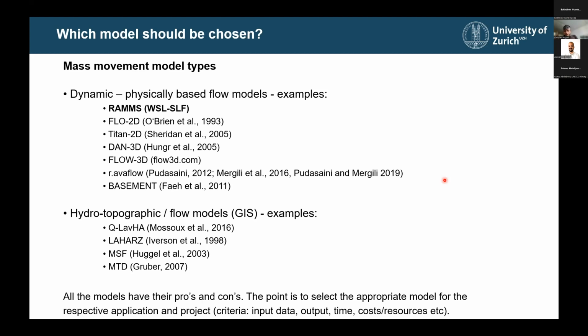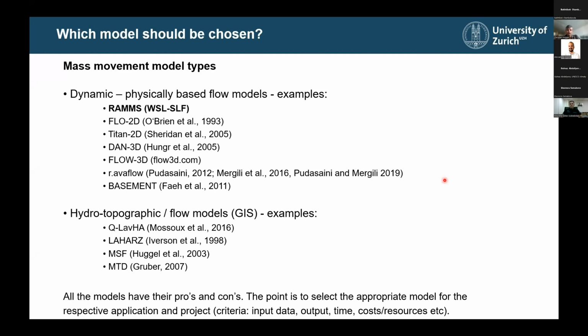It requires input data, but not a huge amount of input data. There are a number of parameters which you will learn, but it's not an infinite number of parameters, and you can manage it. On the other hand, the output is very important and interesting. For instance, flow height is very important for hazard maps. Flow velocity is one of the key output results we will use later, for instance, for producing hazard maps.